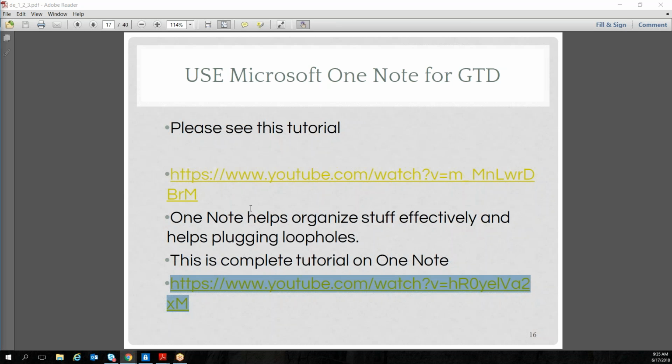Now my question to you is, what did you understand from this video about how OneNote helps in plugging loopholes? Any answers?